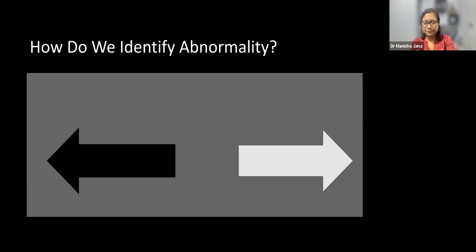About this window thing, the CT acquisition is a single acquisition, and after that the raw data of the CT images go through some filters. It depends on which filter the data goes through. When it goes through a soft tissue filter, in that image we see the mediastinal structures and the vessels. When it goes through a relatively higher resolution filter, we get a sharper image where we see the lungs.